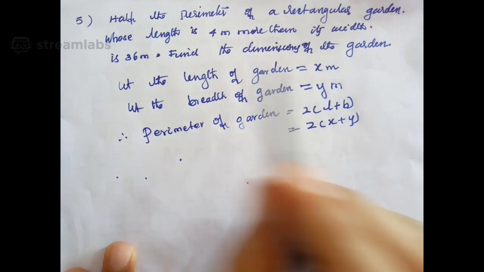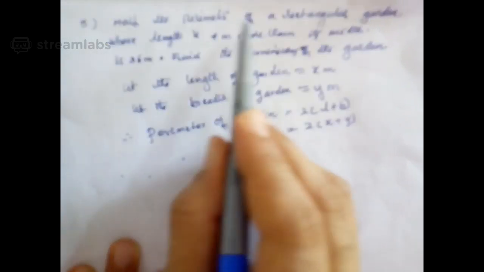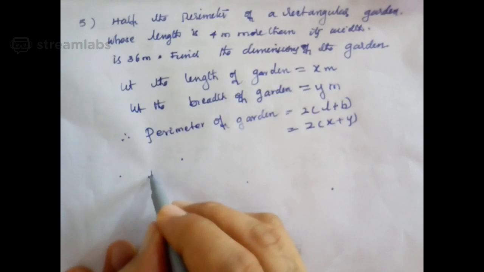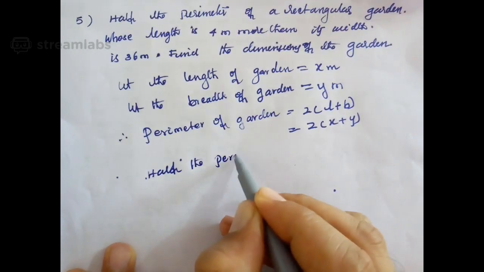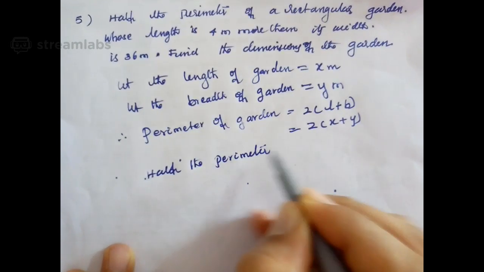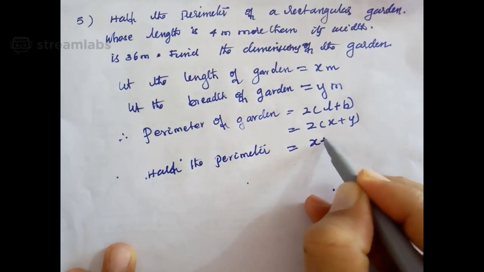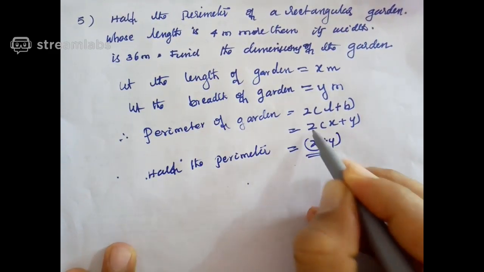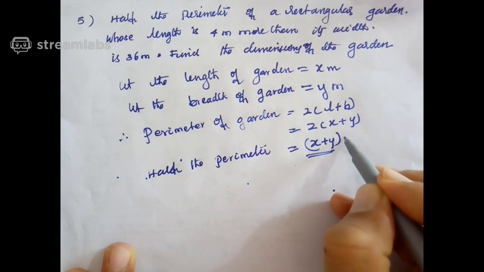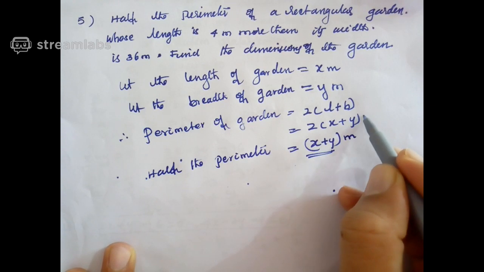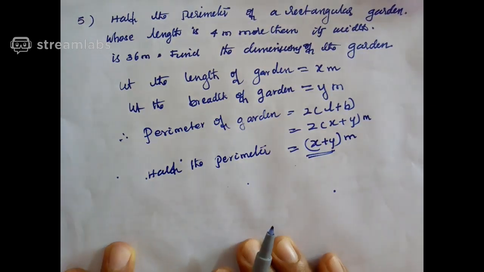Then what is the next condition? Half the perimeter of a rectangular garden. Let us find half the perimeter. It is x plus y. Half the perimeter, 2 into x plus y by 2, is just x plus y meters. This is the half the perimeter. Then see the statement.